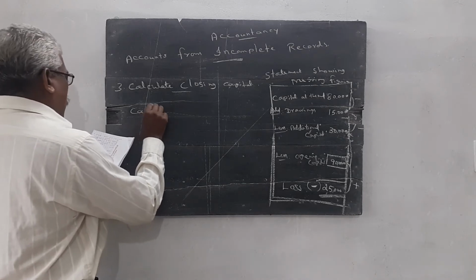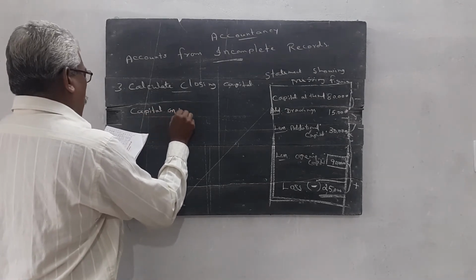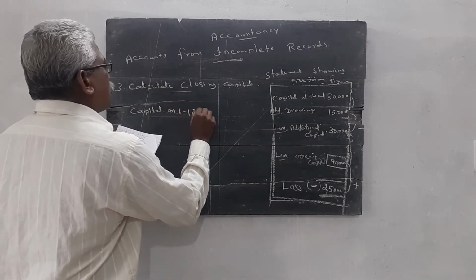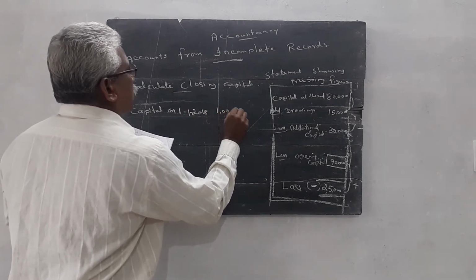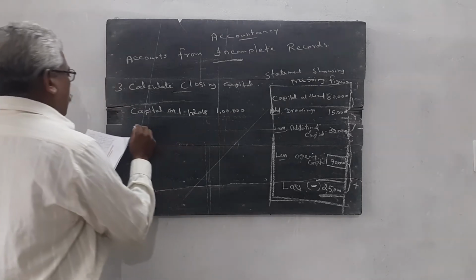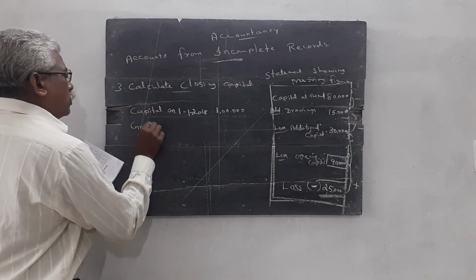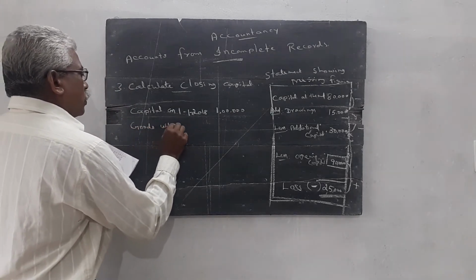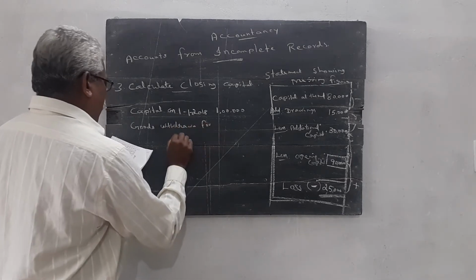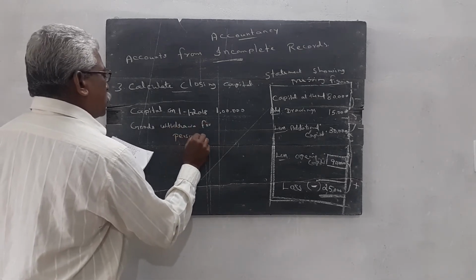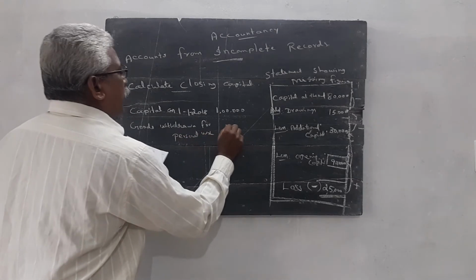Capital on 1/1/2018, rupees 1 lakh. Then goods withdrawn for personal use, 30,000.